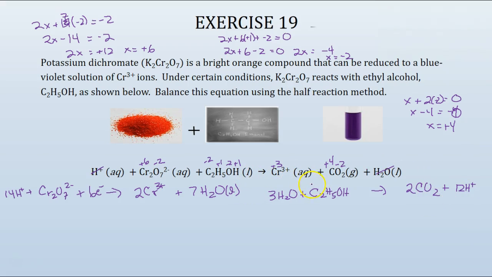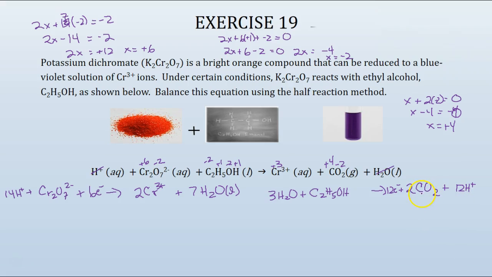Now we have to figure out the charge. I'm going from a 2 minus to a 4 plus. That's 6 electrons. 6 electrons are lost in this reaction. So that means the reactant side has 6 more electrons for each carbon than this side. That means that this one has 12 electrons that it needs on the product side.